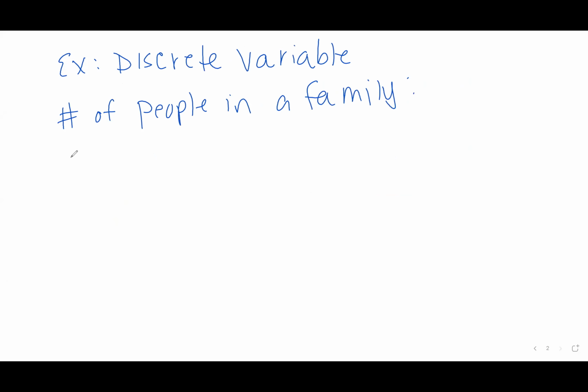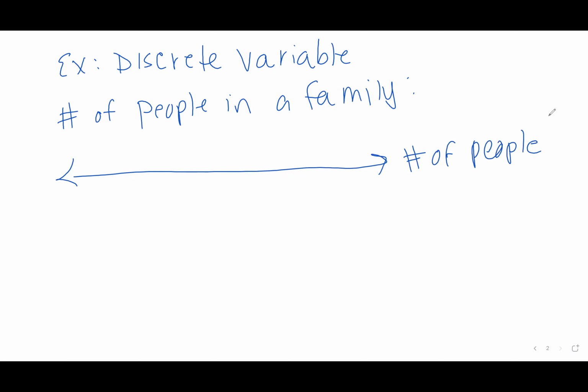So again, let's make a number line, right? For number of people that could be in a family. Now, you can't have a negative amount of people, right? There could be 0 people in a family, 1, 2, 3, 4, 5, 6, 7, and so on and so forth. So pick any two numbers, let's say 2 and 3, like I did before with the weights.